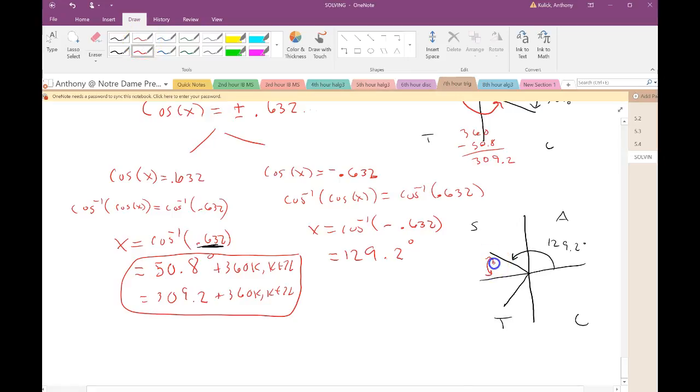So this piece right here is 180 minus 129.2, or 50.8. So this piece is also 50.8. And my other solution is going to be 180 plus 50.8.